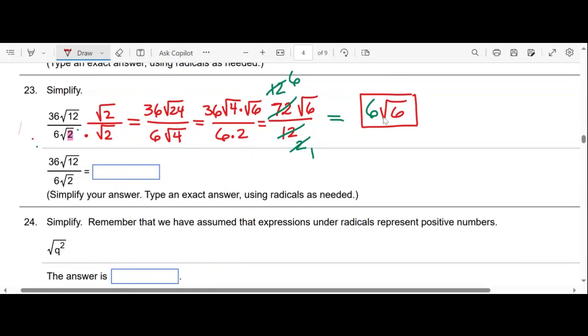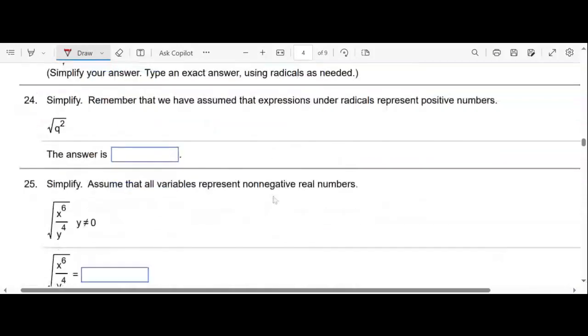So what is this? 6 and 6. What is this called? In English? 6 square root of 6. Is this clear? Next one.